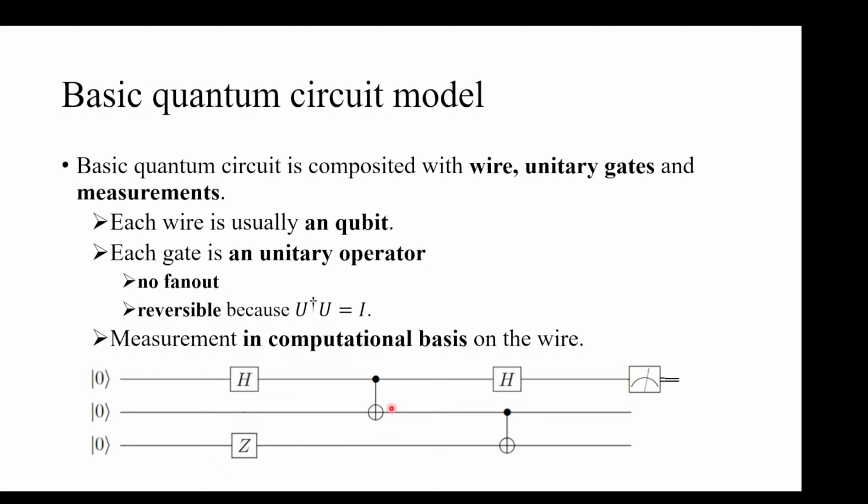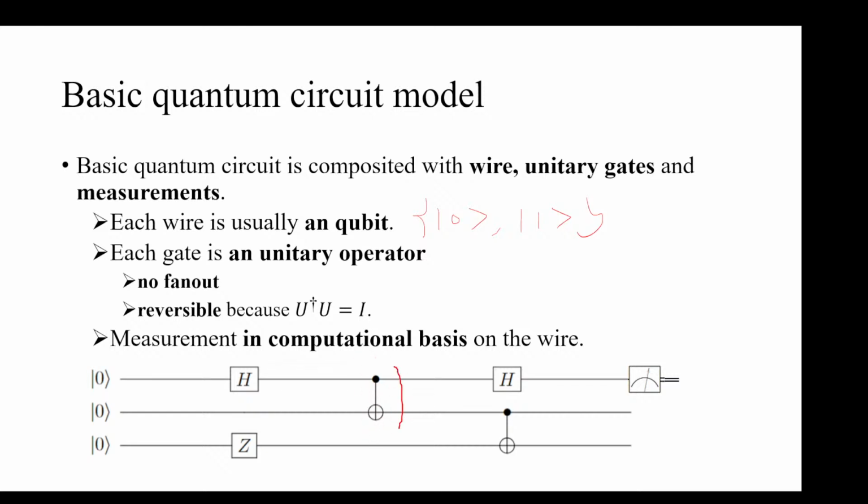As a reminder, one qubit means a two-dimensional quantum space, and usually it has two basis vectors, |0> and |1>. Then we have gates for the quantum operations you can do, and they are unitary operators. Here we have some possible gates: the H gate, the Z gate, and here we actually have two-qubit gates.